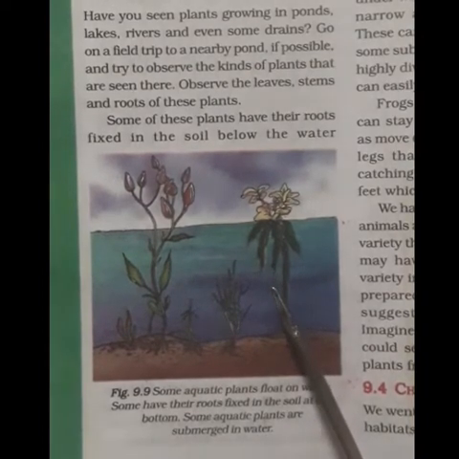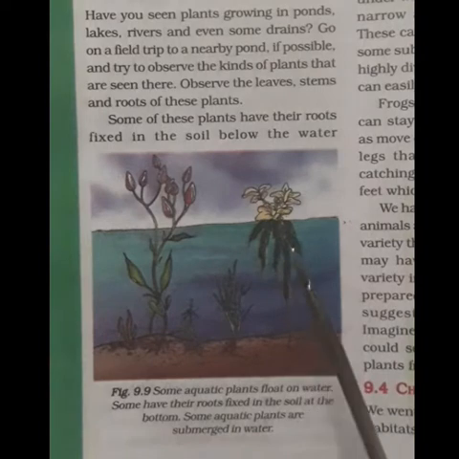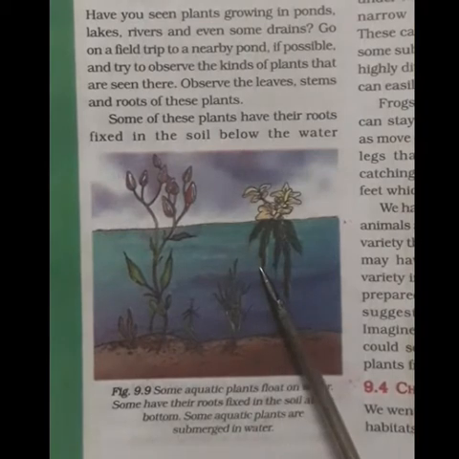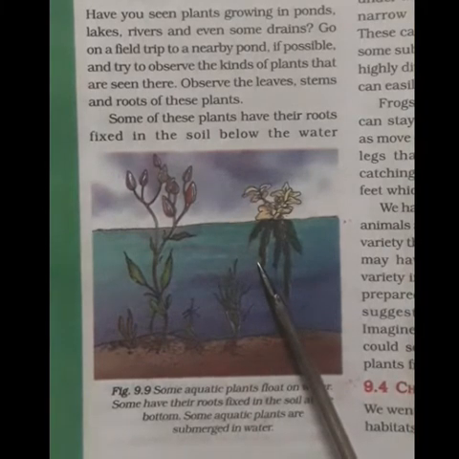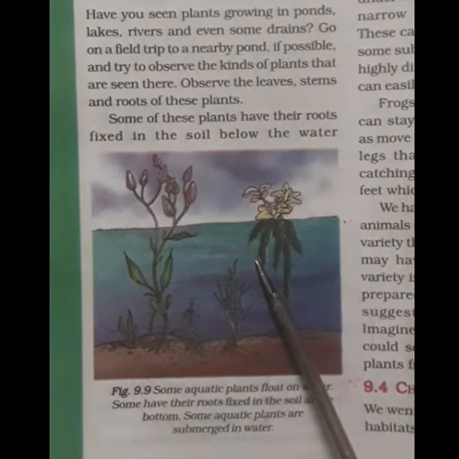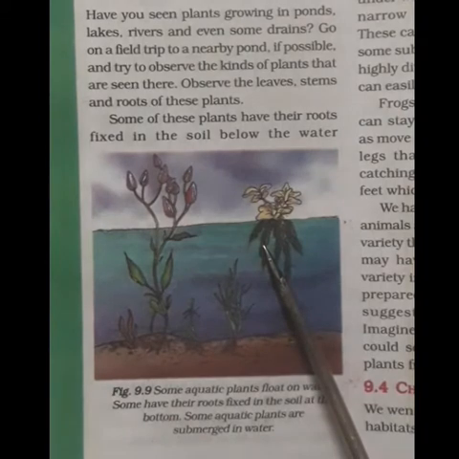In terrestrial plants, roots normally play a very important role in the absorption of nutrients and water from the soil. But in aquatic plants, roots are much reduced in size, and their main function is to hold the plant in place.